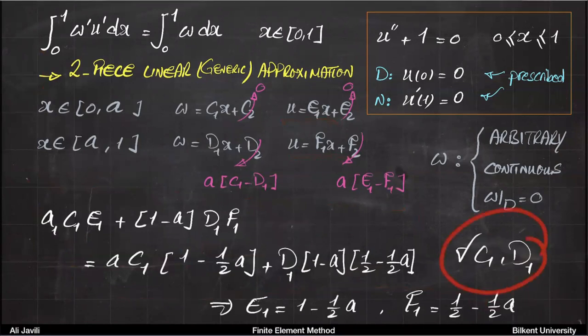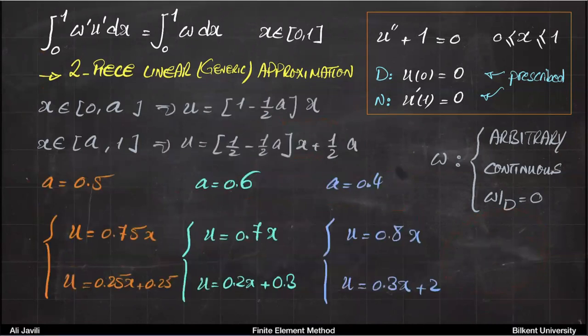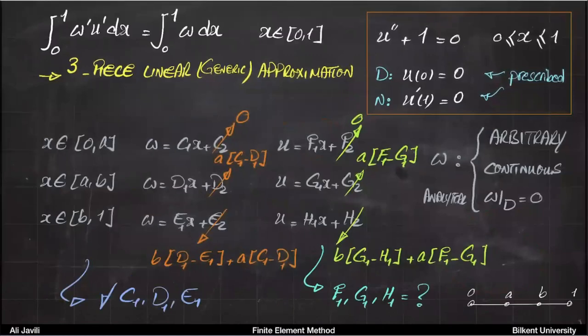Because they hold for any coefficients, they give you two equations, two unknowns, and you can solve it. This is the same story. Now it is just three pieces.